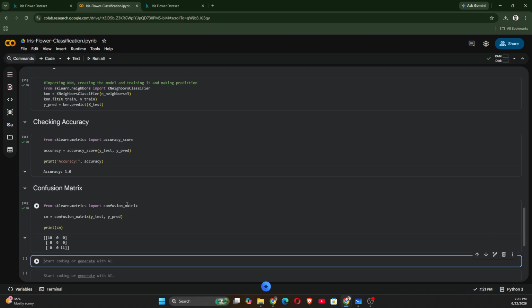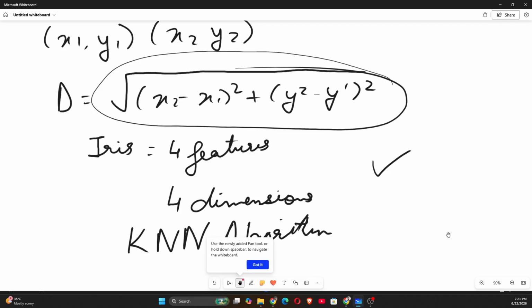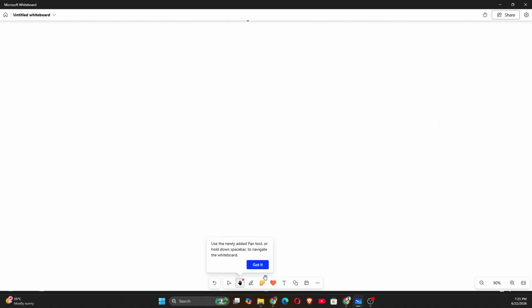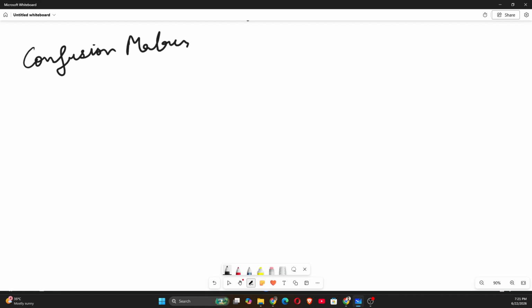Okay, and this is the output coming, and I know that you must not have understood what is here, so I will now explain how to read the confusion matrix. Basically we have a 2D array, so it has rows and columns.